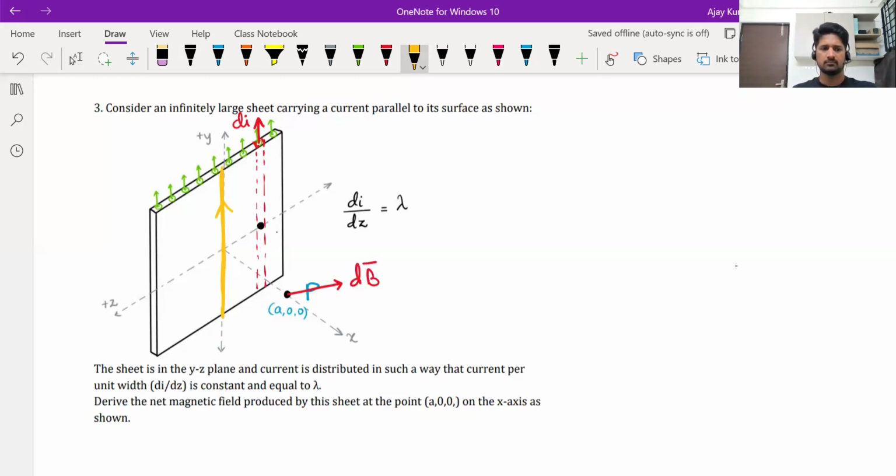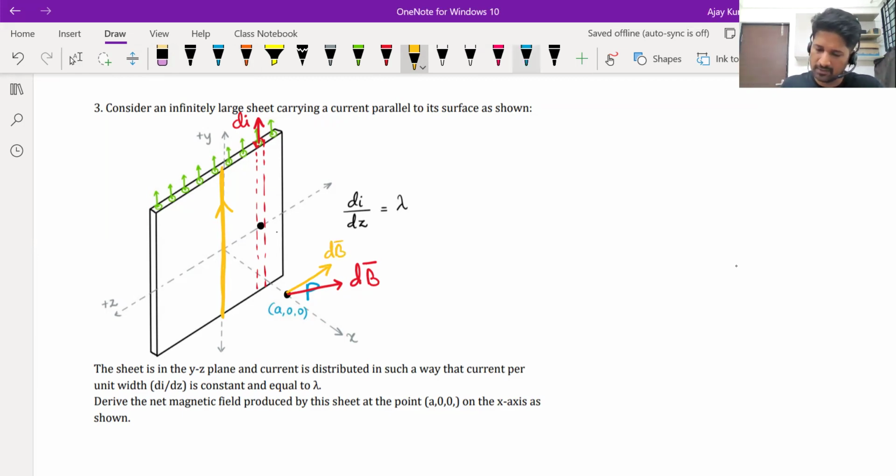So if I take my thumb pointing along the y-axis and my fingers towards that point, it will be parallel to the minus z-axis. Parallel to negative z, correct. So that element will produce a magnetic field like this.